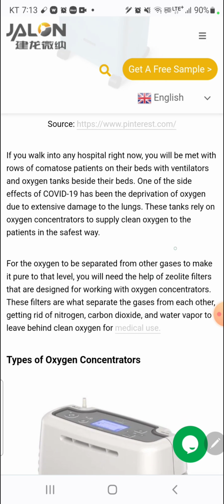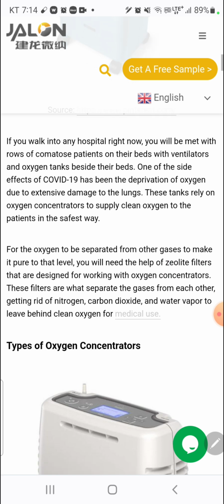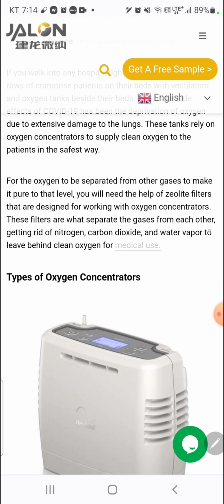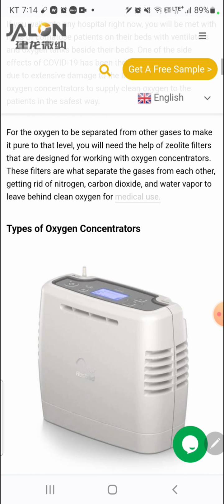For the oxygen to be separated from other gases to make it pure to that level, you will need the help of zeolite filters that are designed for working with oxygen concentrators. These filters are what separate the gases from each other, getting rid of nitrogen, carbon dioxide, and water vapor to leave behind clean oxygen for medical use.